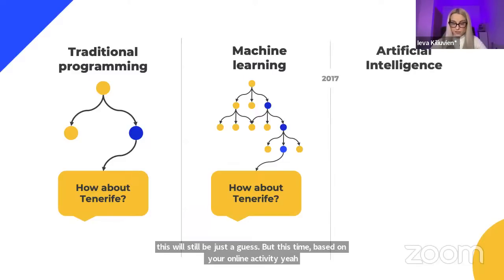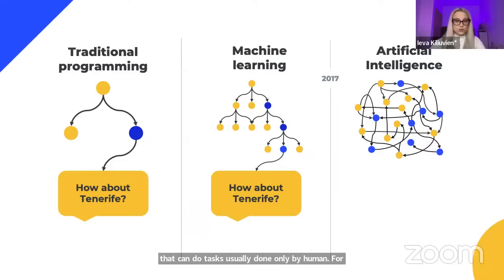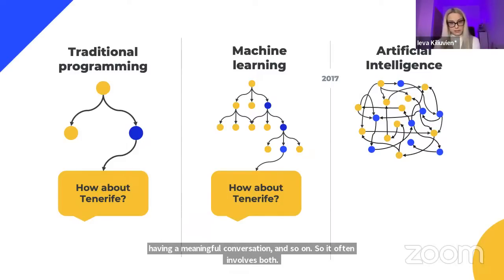Artificial intelligence means systems that can do tasks usually done only by humans. For example, driving a car, understanding natural language, having a meaningful conversation, yeah, and so on. So it often involves both programming rules and machine learning abilities.